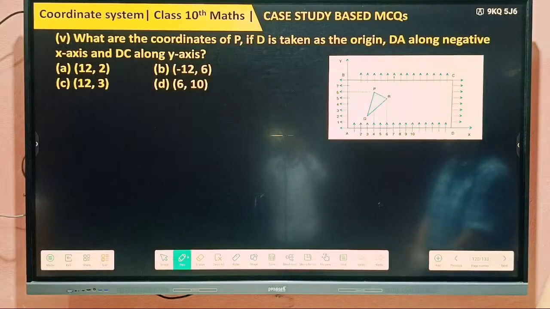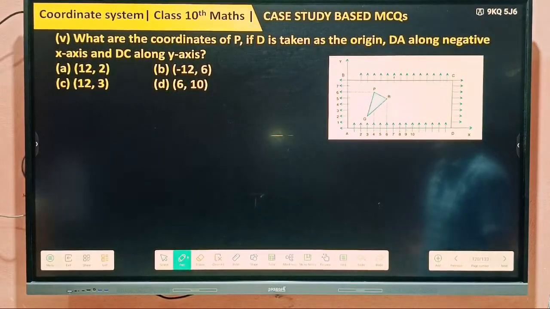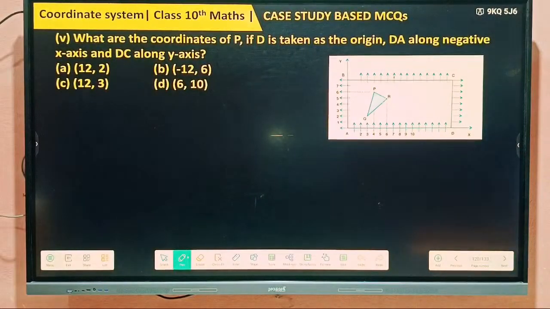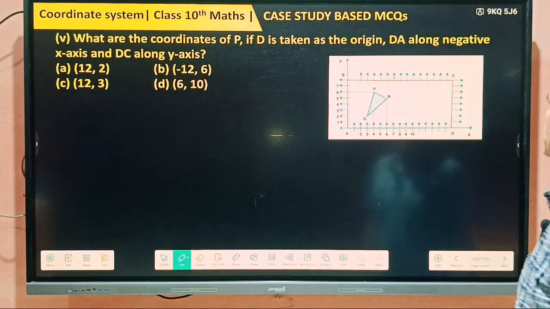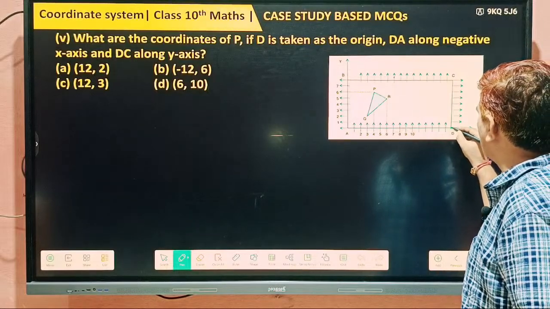Fifth part. What are the coordinates of P? So what are the coordinates of P if D is taken as the origin? So D is taken, this is taken as the origin.